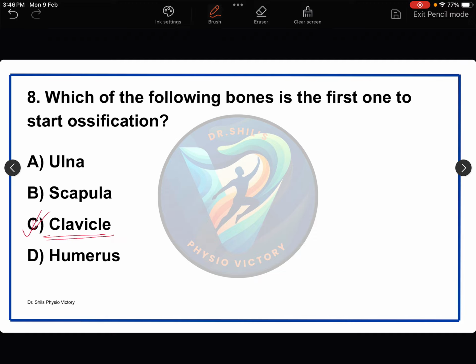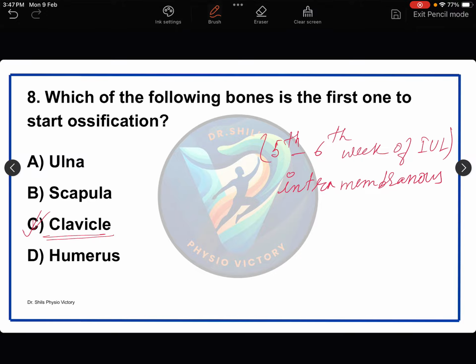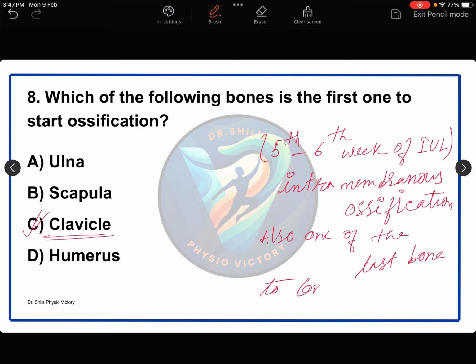Clavicle is the first bone to ossify, in the 5th to 6th week of intrauterine life, mainly by intramembranous ossification, and it is also the last bone to complete ossification.